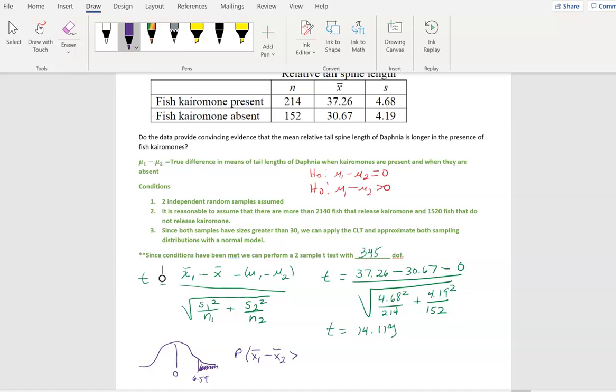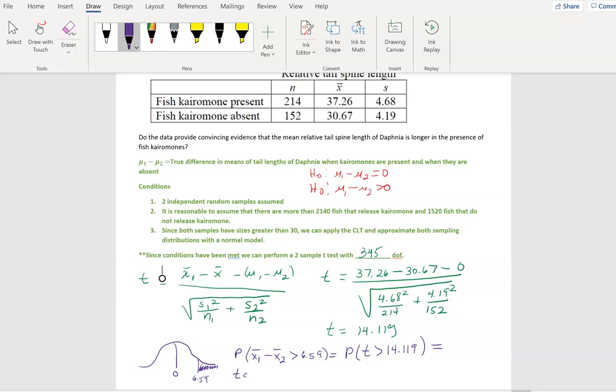That's the evidence. What's the chance that I got a difference of 6.59 or higher? I converted that to a t-statistic using the formula. So what's the chance that your t-value is greater than 14.119? And normally you could just put the p-value down, but I want you to have practice calculating the p-value.